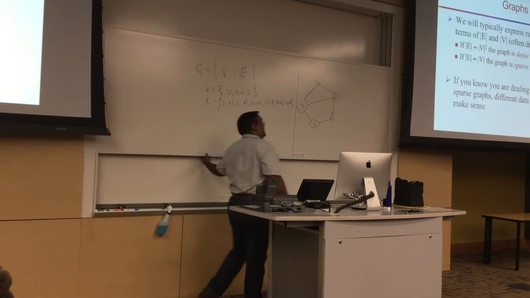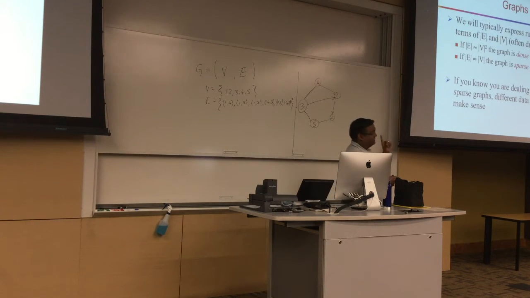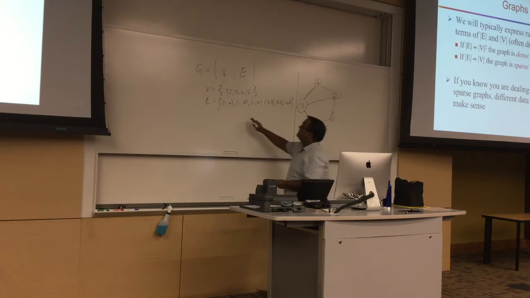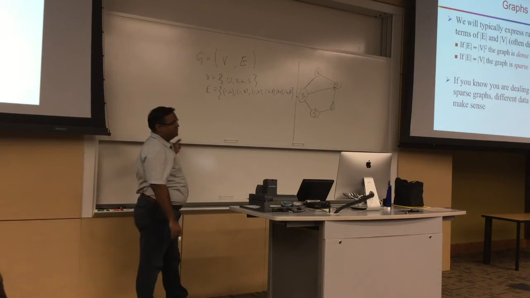One answer I got is that you can use a 2-dimensional array to represent your graph. Do remember that you have to represent the vertices, and you have to represent the edges. Then only you represent the whole graph, right? And so how can you represent this with a 2-dimensional array?